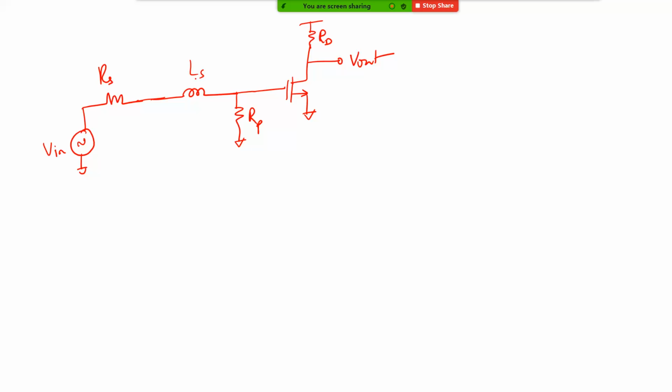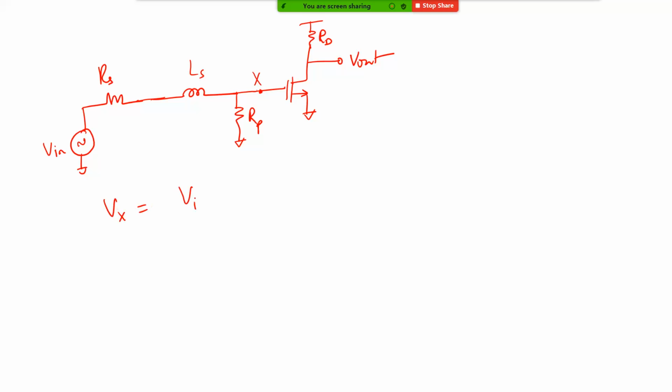All right. So now what we want to do is see what is the noise figure of the system. Before we look at the noise figure, we also need to look at what is the gain of the system. First of all, the voltage at this point, let me call it voltage point X. What is the voltage at this point X?